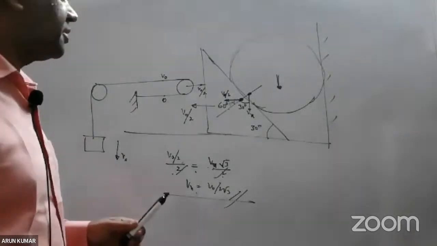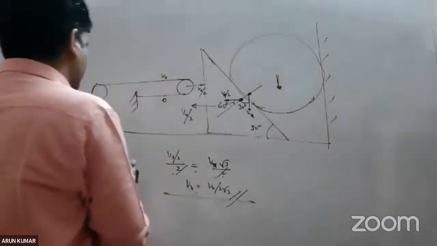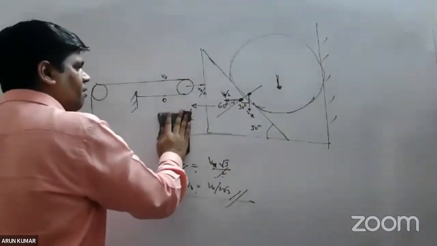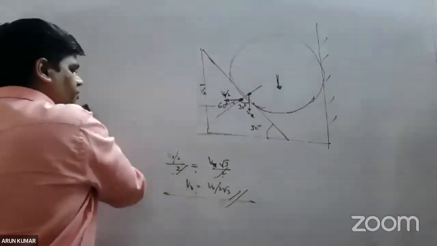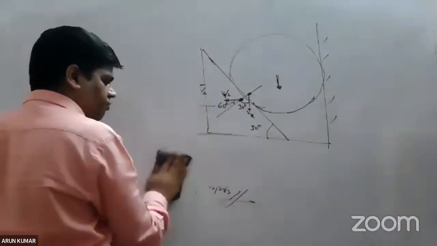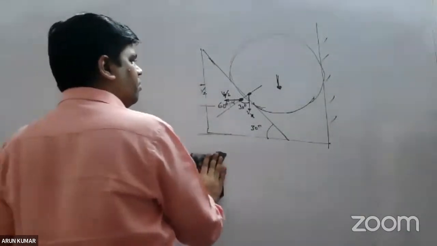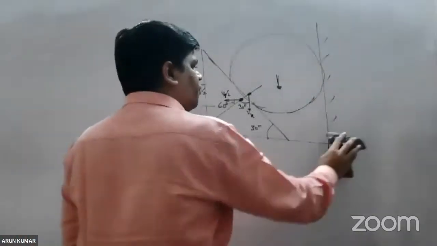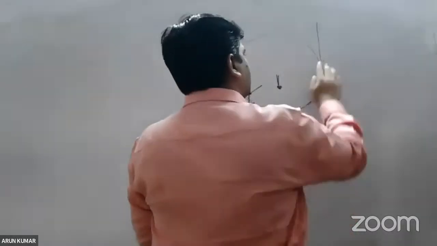Now, next problem is a very interesting problem. Little tricky also, it will take some time for us to solve this. But follow this carefully. Now, instead of the wall here, I've got a movable wedge.